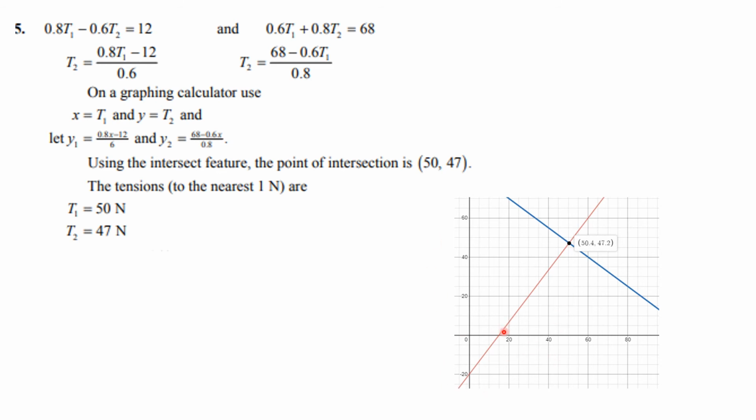So I graph the two lines, and it looks like it's something around 50 and around 47, and that's in fact what I'm going to round them off to. Actually these end up being pretty much exact answers, but that's the way that we can follow on this.